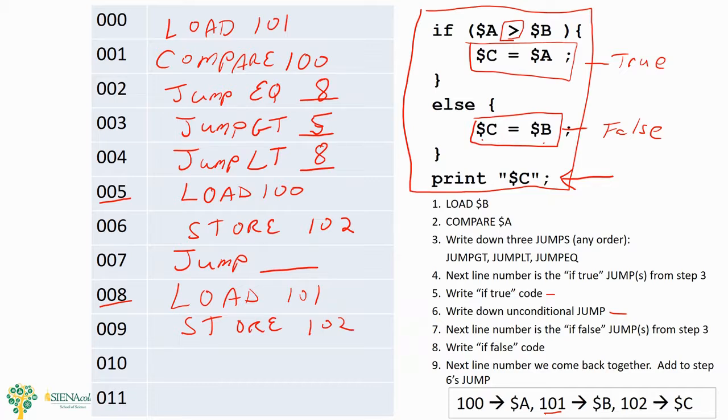That means our next line of code at line 10 is where we come back together for the print. So we know we can put that 10 at the unconditional jump here. So that gets a 10. Print C is out, and C would be 102. At the end of our program, we have a halt.